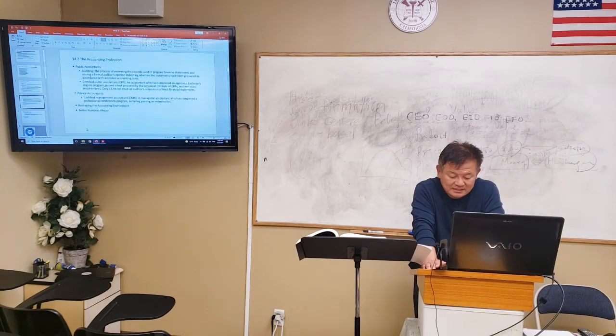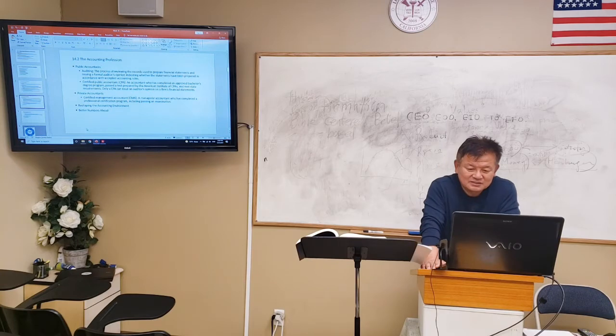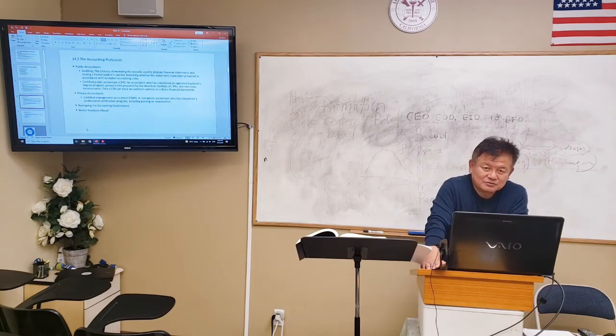After that, you try to get the license. There are 2 things: one is passing the test, and the other is the internship hours. And then the American Institute of CPAs approves your CPA license.